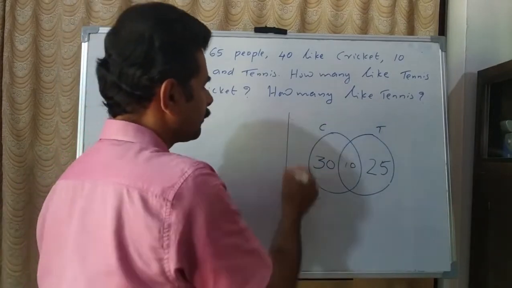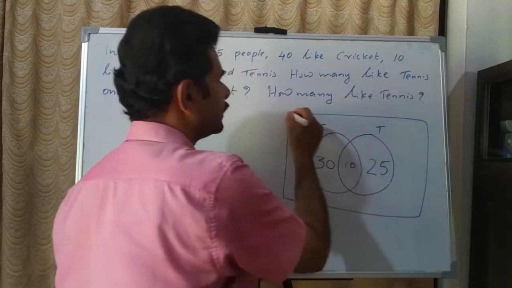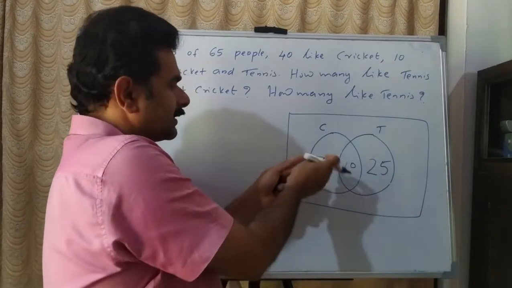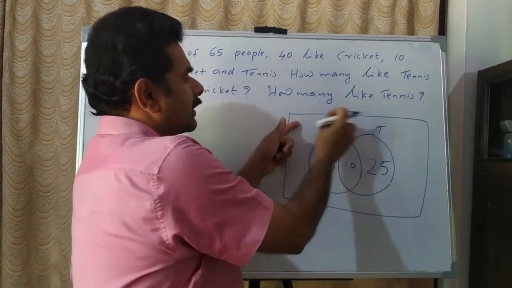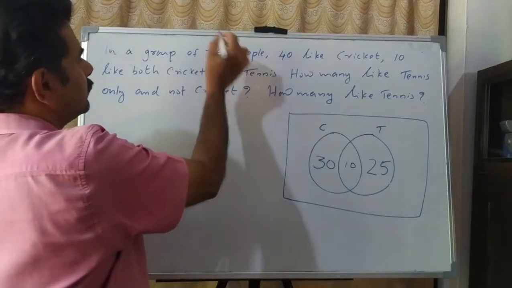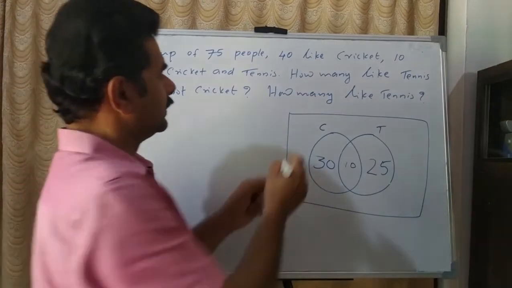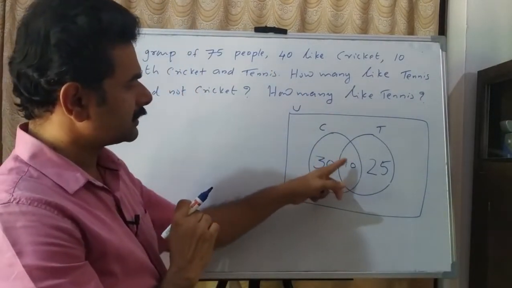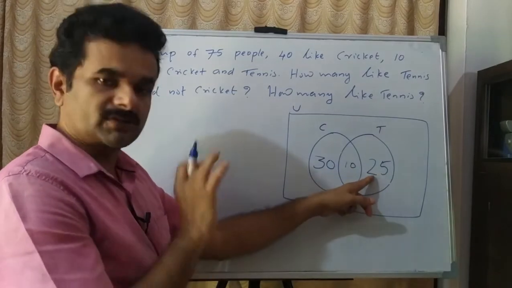If we draw a box here, there will be more people other than cricket and tennis to be marked here. If this is 75, then there is a need of a universal set. Here 30 plus 10 plus 25 is 65.